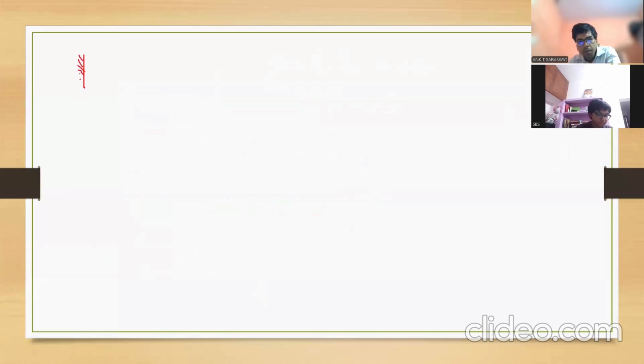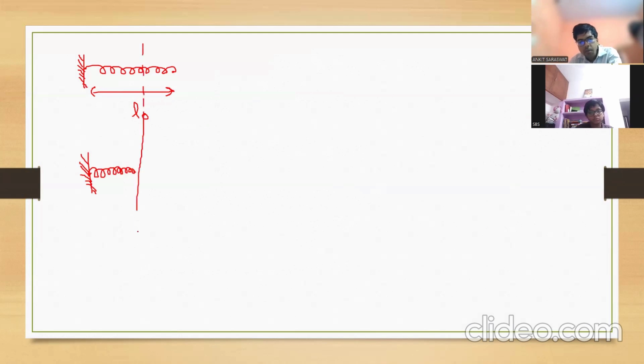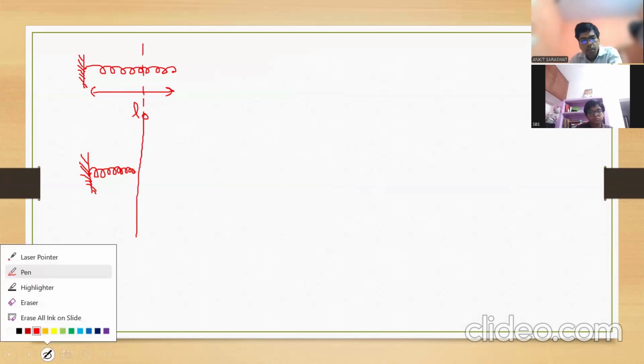This is the spring in its natural state. Okay, no force is acting on it. Now, once we apply a force F on it like this, the length becomes like this.